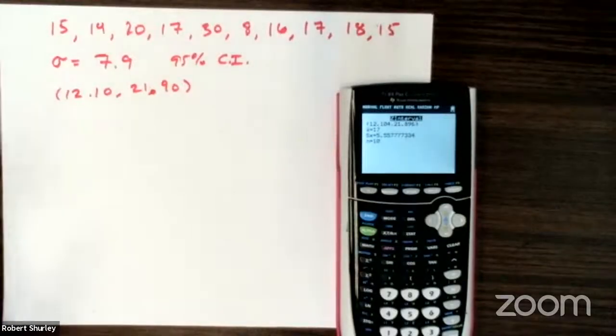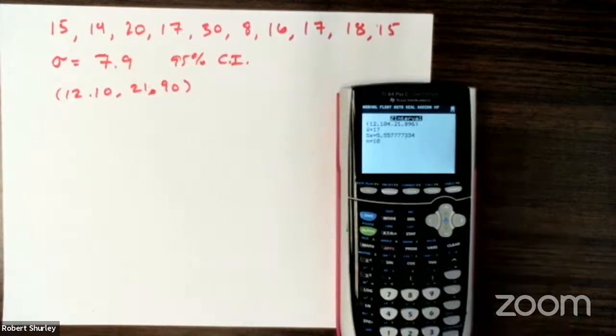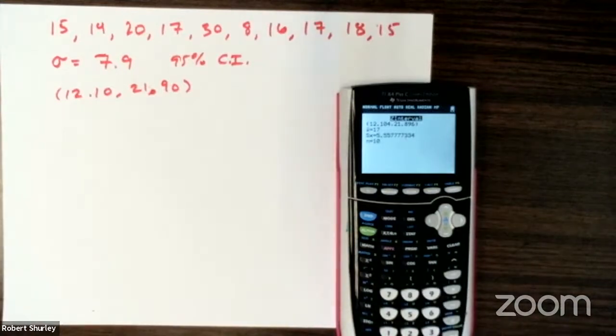Okay, 12.10 and 21.90. Perfect. That's what I got. So if we're going to interpret, I'm 95% confident that the average hours of college students' TV viewing each week, the population mean, is between 12.10 and 21.90 hours.